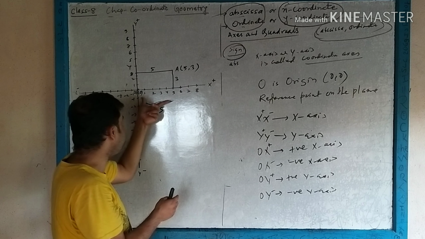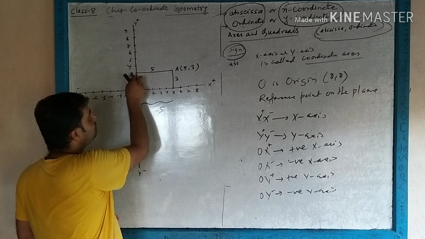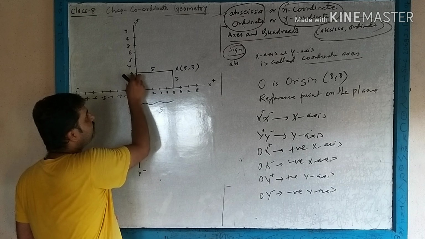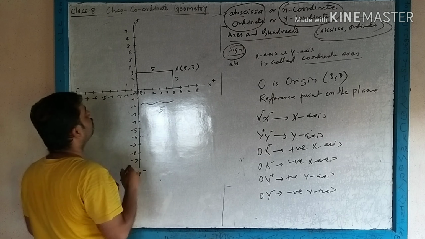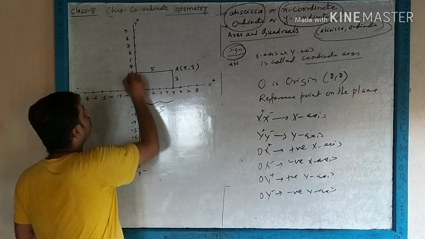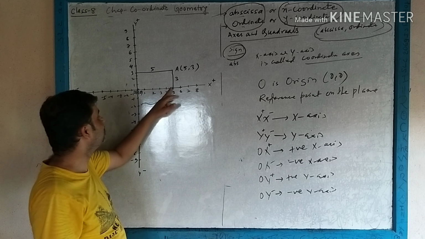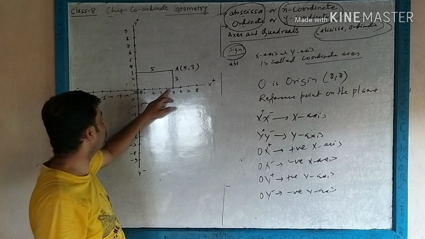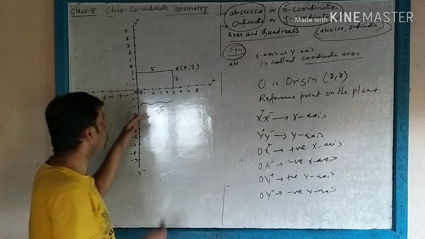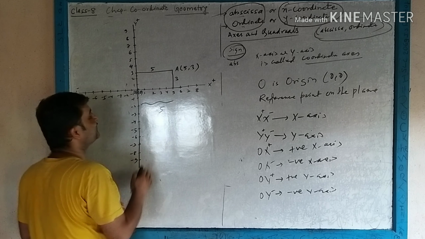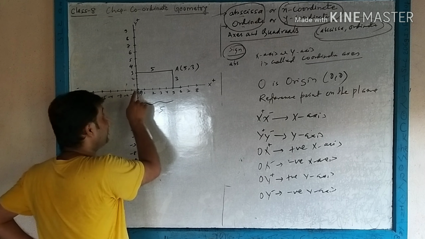If I take the point here, the point A is 5 units far along the x-axis, and the point A is how much? 3. If I take this point here, 3 units far from the origin along the y-axis.